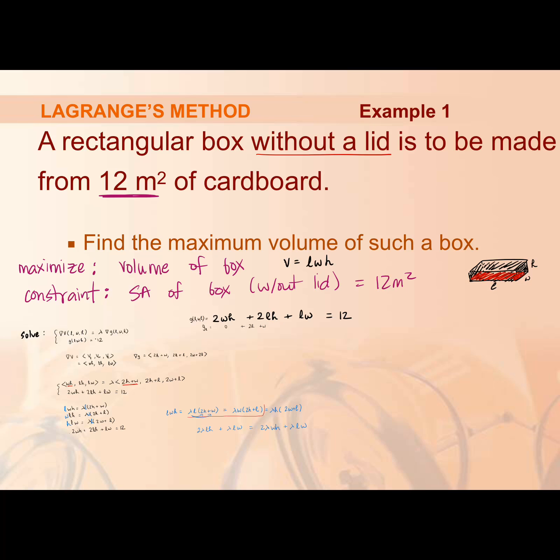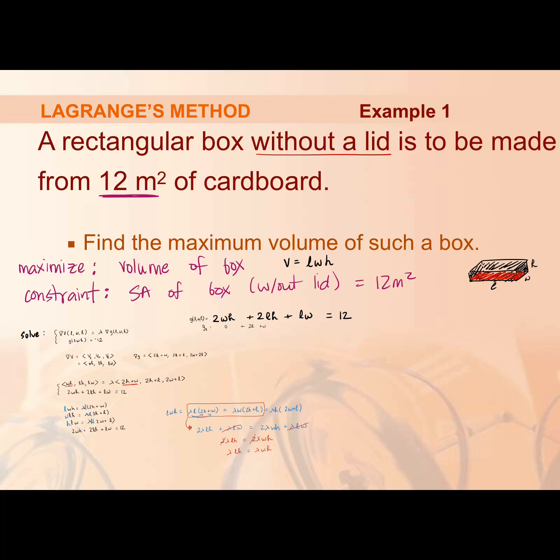So see how this equation right here is right here, and I could subtract the lambda LW. So that tells me 2 lambda LH is equal to 2 lambda WH. I can divide by 2. So that means lambda LH is equal to lambda WH.